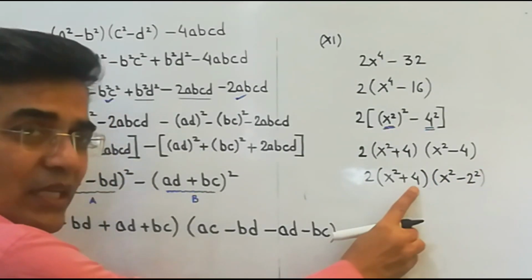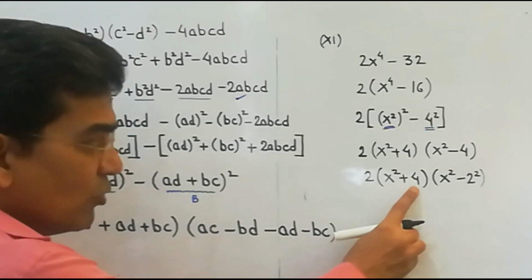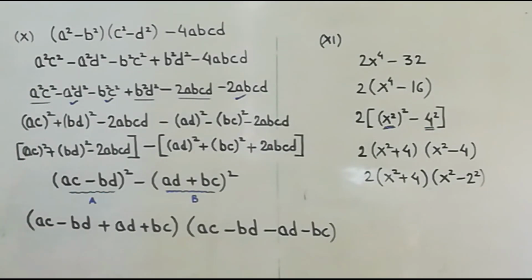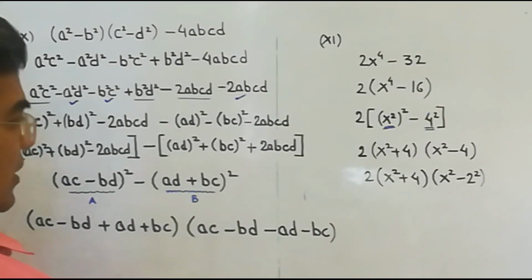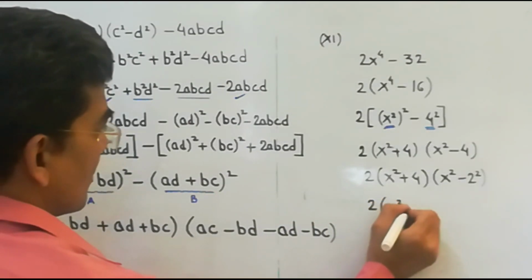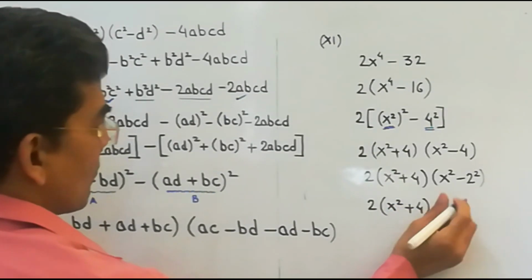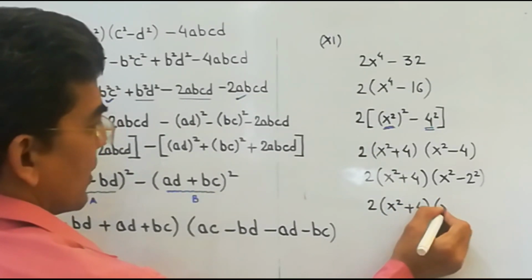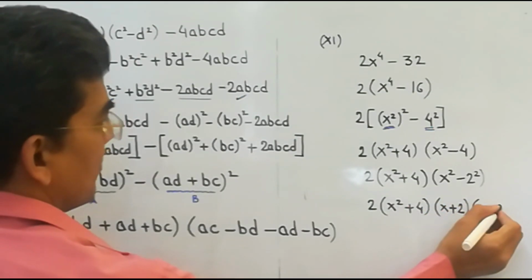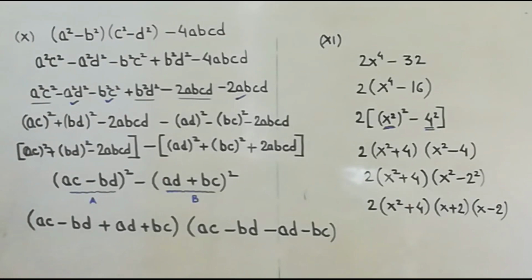Now the other bracket could also have been converted into square, but we have no formula for sum of 2 squares. So it was useless to convert that one. Now this has been converted into a square minus b square, so a square minus b square means a plus b, a minus b. This will be your answer.